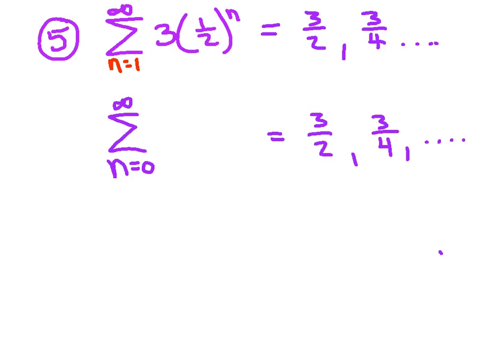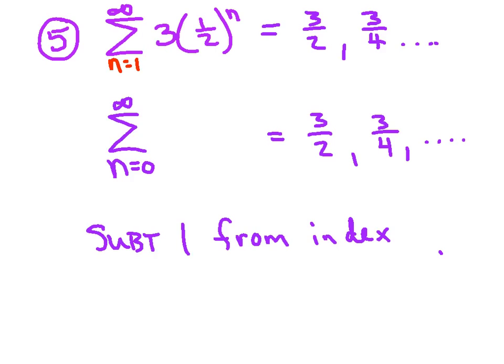Perhaps maybe you have some good guesses on how we need to rewrite that term. Here's my rule of thumb. If we subtract 1 from the index, which we've just done, we went from n equals 1 down to n equals 0, we are then going to add 1 to the exponent.